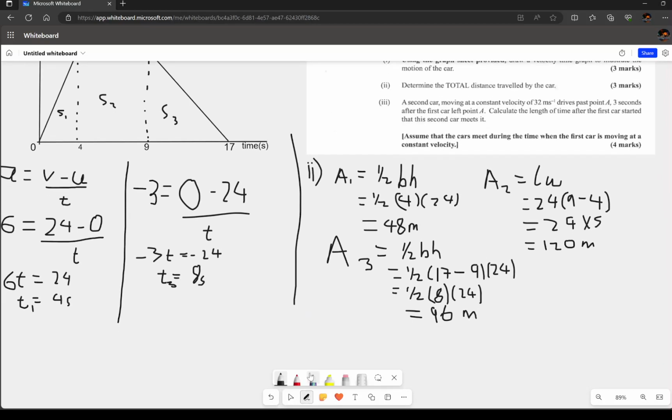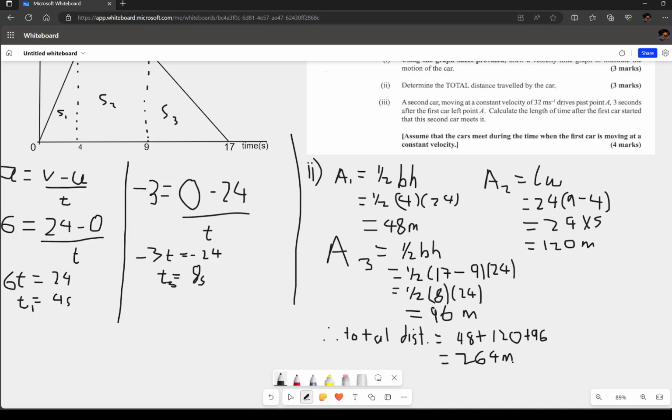Now the last thing we need to do is write a therefore symbol. It's three dots in a triangle. I'm going to put total distance, I'm just going to write DIST for short, is equal to 48 plus 120 plus 96, which will give me 264 meters.